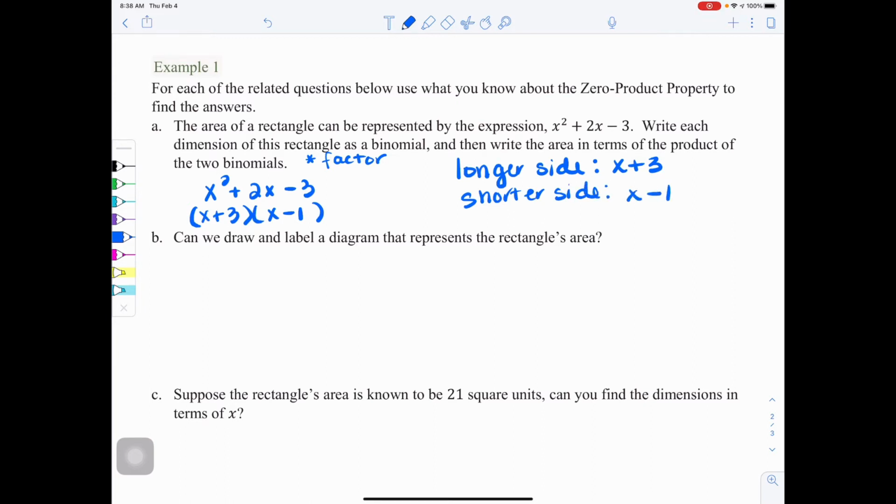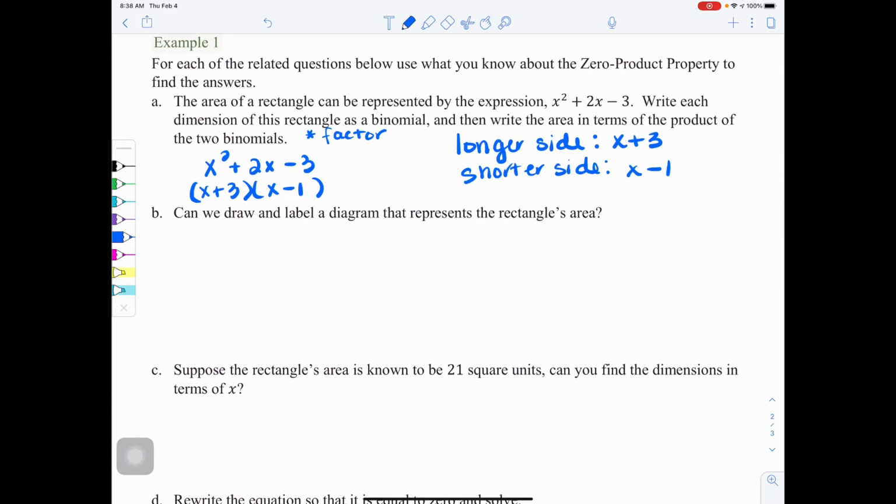So now in B, can we draw and label a diagram that represents the rectangle's area? So yes, this goes back to when we were multiplying polynomials, specifically two binomials. We used boxes to show our multiplication. So we're going to draw our boxes. And we see that we have x plus 3, and I can put that at the top or the side, it doesn't matter, and x minus 1 on the side.